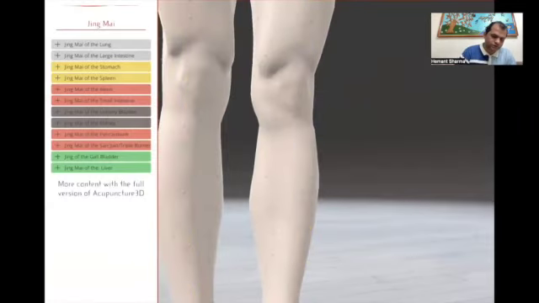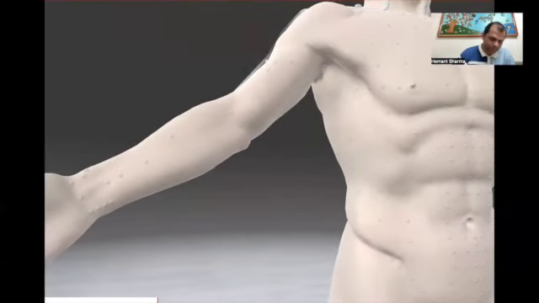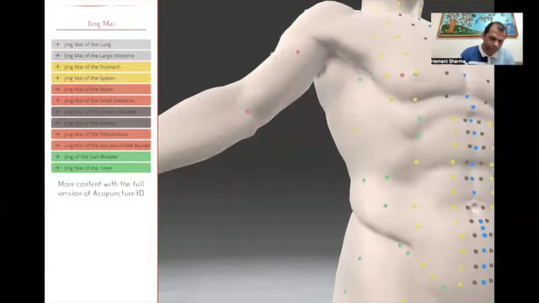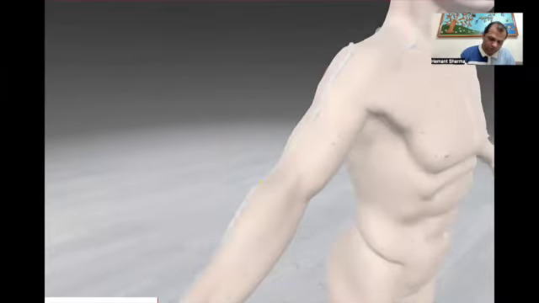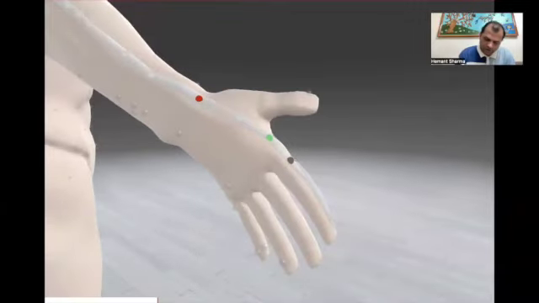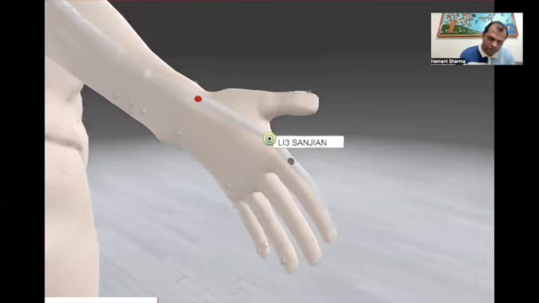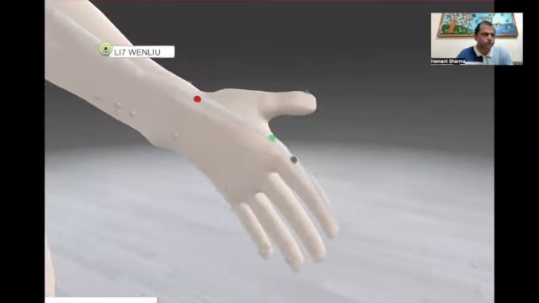So the large intestine is here. The large intestine is in the arm. This is the location of large intestine. We can see here large intestine 1, 2, 3, 4, 5, 6, 7. So the problem of the large intestine will be treated in the stomach.